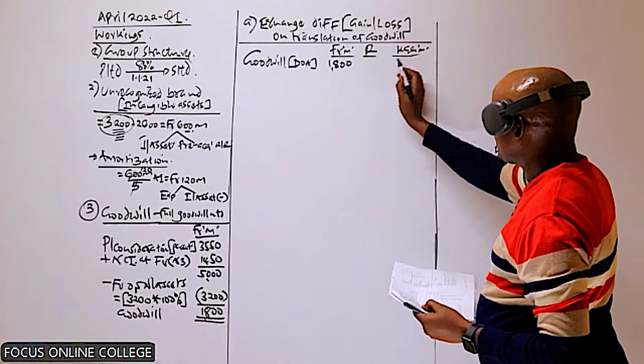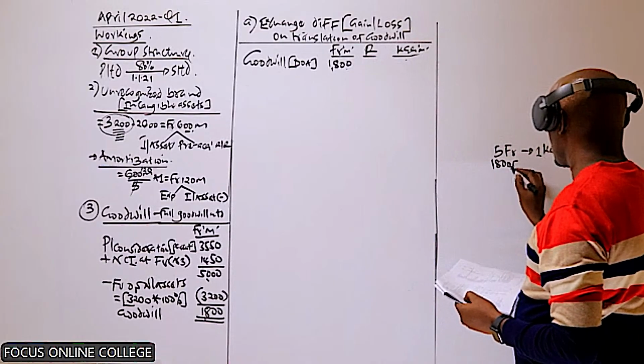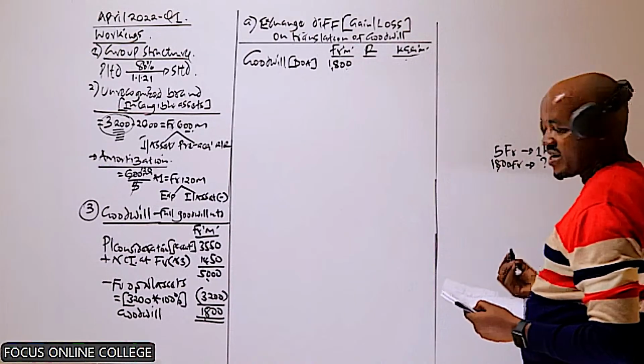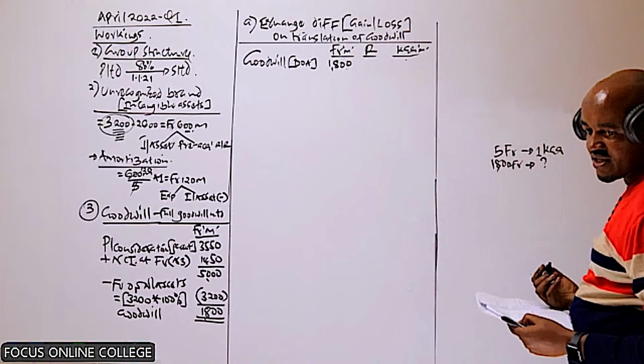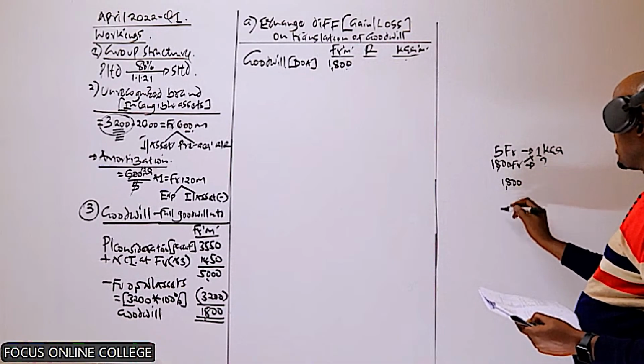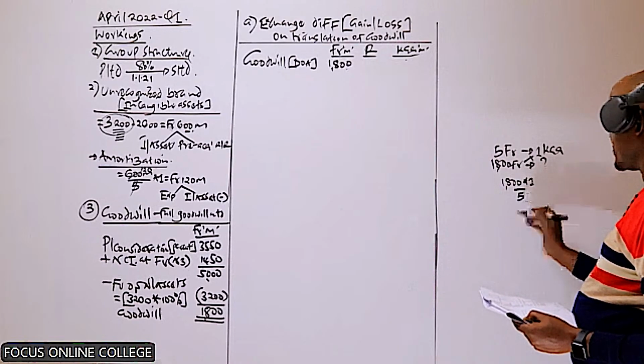So how do we translate this 1800 million franc into Kenyan shillings? Basically we cross multiply, then we divide. So we take 18 times 1 divided by 5.